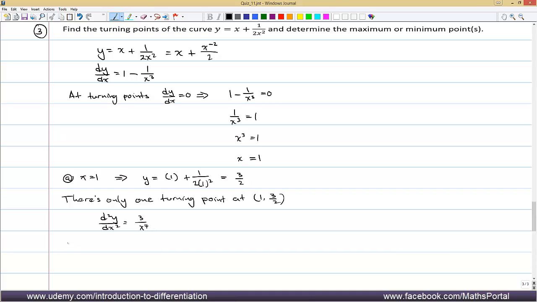Okay, so at x equal to 1, d2y/dx2 is equal to 3 over 1 to the fourth power, which is equal to 3, and it is a positive value. Therefore, the coordinate is a minimum point. 1, 3/2 is a minimum point, or a relative minimum point.